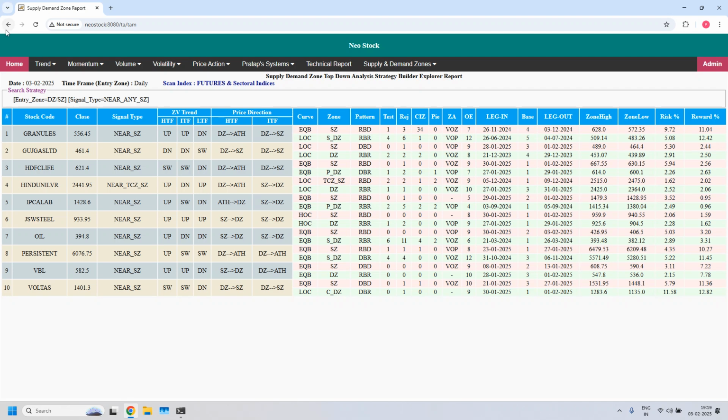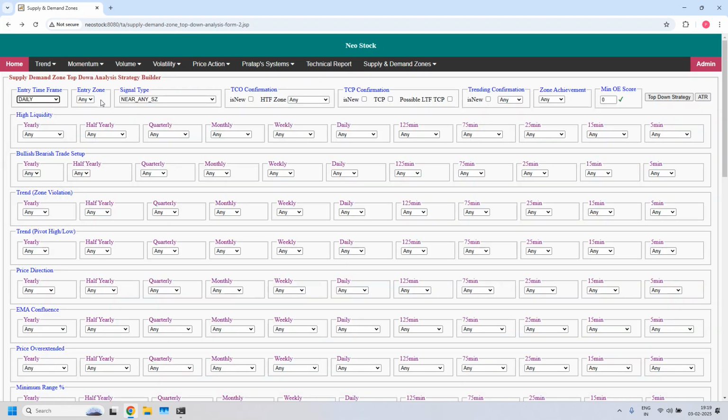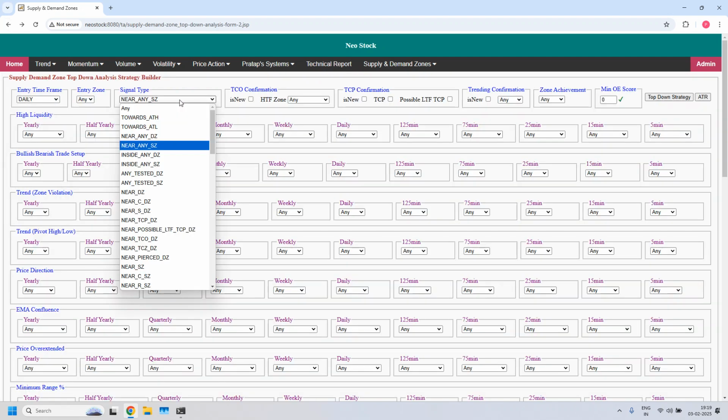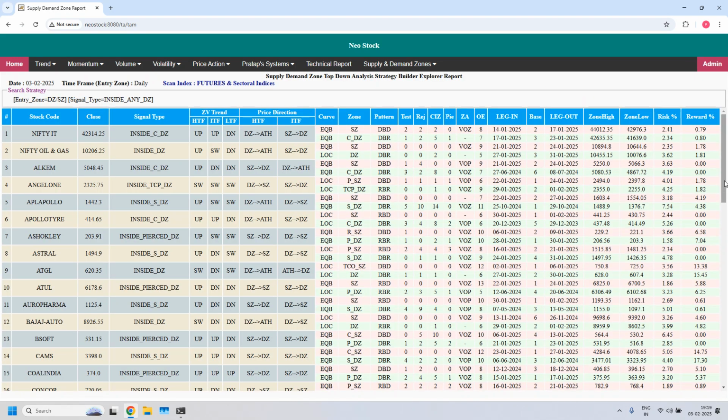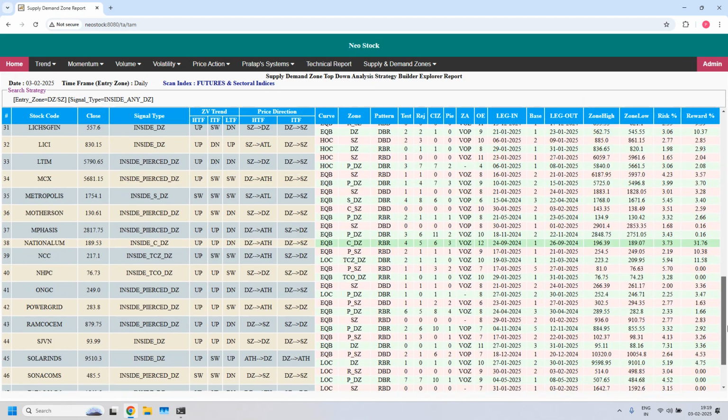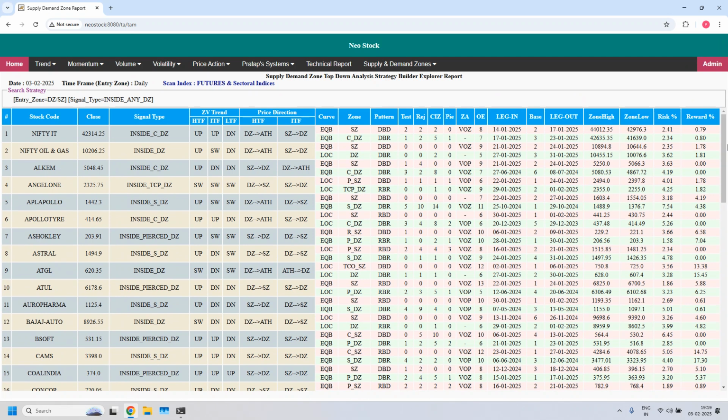Okay, fine. Next, for daily time frame, let us identify the stocks where price closed inside the daily demand zone. We got 50 stocks. First 15 stocks in the list. Let me scroll the list down quickly.